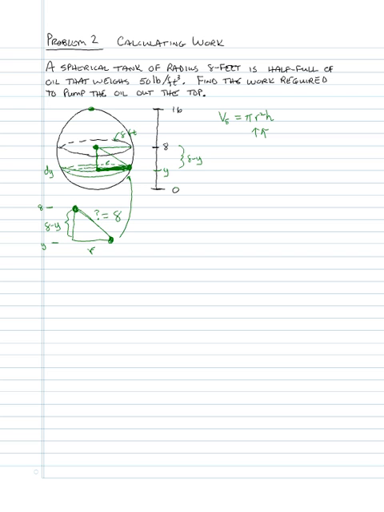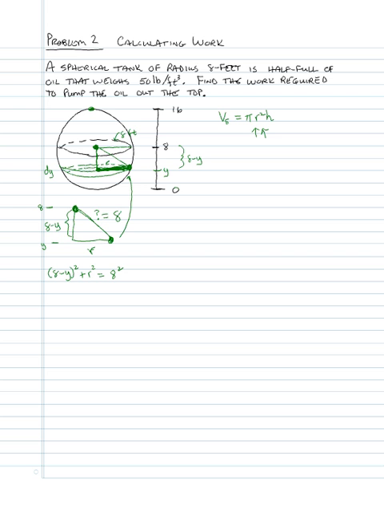So we have a right triangle where one of the legs is 8 minus y units long, the other leg is r units long, and the hypotenuse itself is 8 units long. So what we end up with then is that 8 minus y squared plus r squared is equal to 8 squared. The sum of the squares of the legs is equal to the square of the hypotenuse.